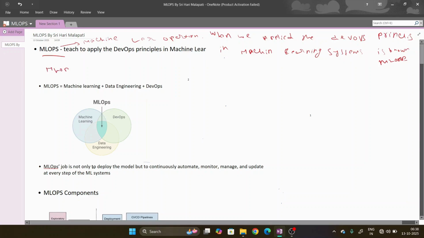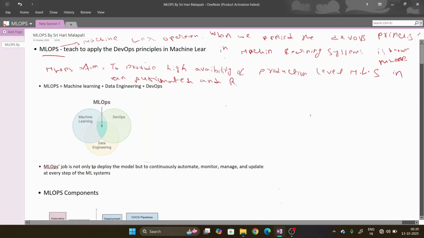The main aim of MLOps is to provide high availability of production-level machine learning solutions in an automated and repeatable manner.